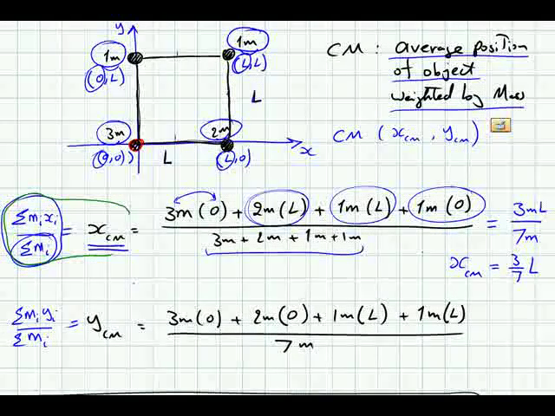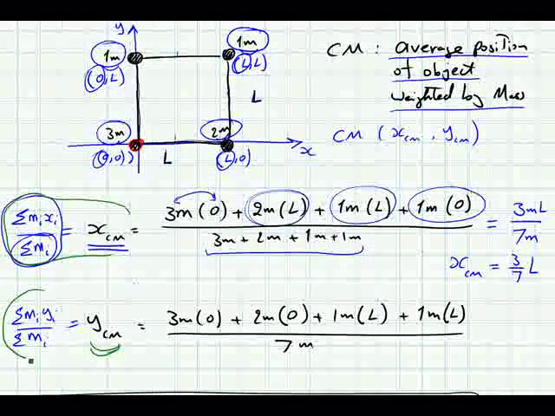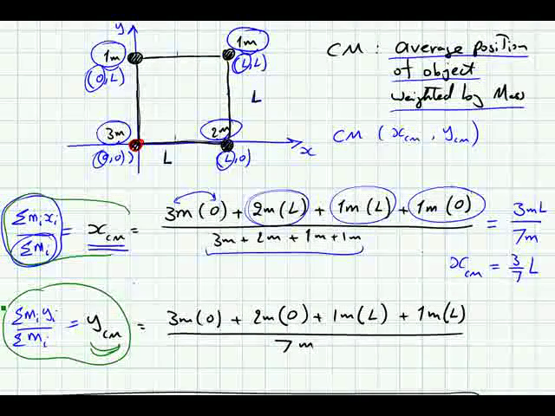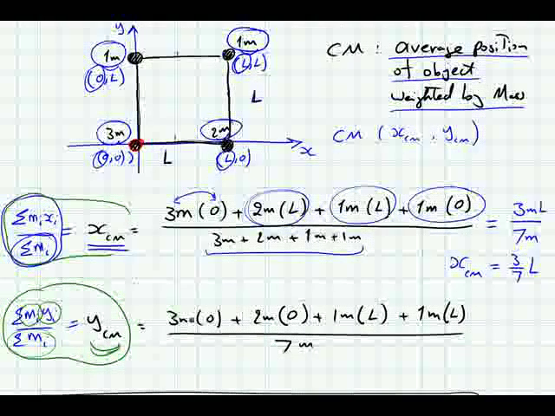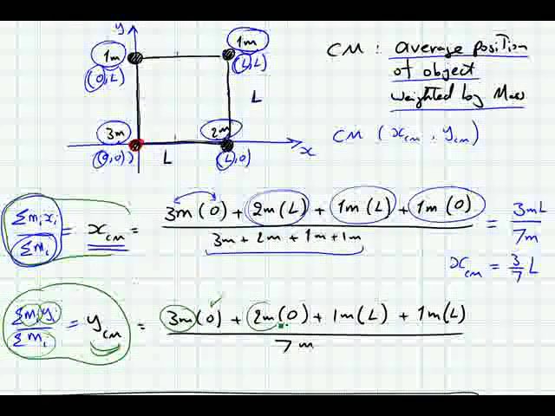Now for the y-coordinate of the center of mass you do a similar exercise. The y-coordinate of the center of mass is given by this expression right here, which is the sum of the product of each mass with its y-coordinate divided by the sum of all the masses. So once again you go around and multiply each mass by its y-coordinate.